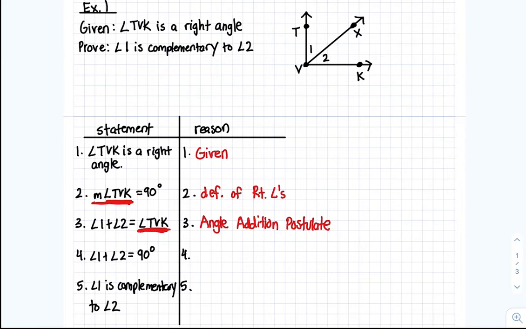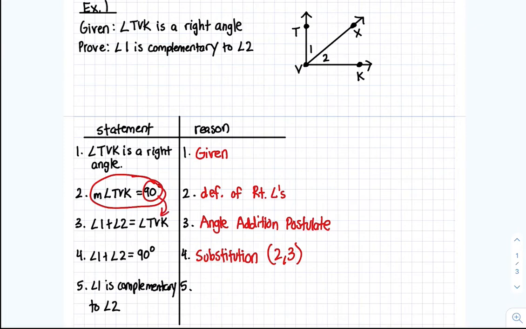So what's the reason for that? It's the substitution property. It's substitution from which lines? 2 and 3. Since 90 is equal to TVK, we can substitute 90 in for there, which is how we got 4.